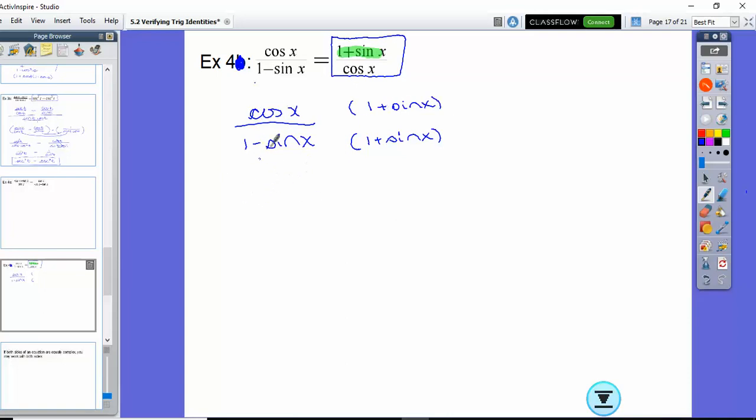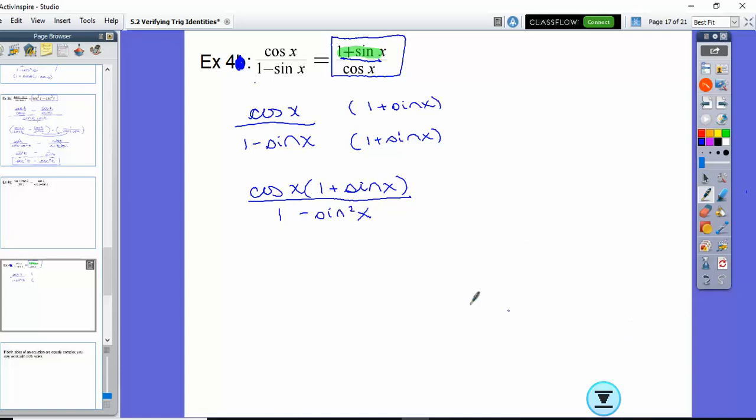Now, I am not going to distribute it out on the top because if you think about your goal, you want the top to just be a 1 plus sine x. So what I'm really hoping is that cosine will go away eventually. On the bottom, if I FOIL that out, I get 1 plus sine x and minus sine x drop, minus sine squared x.